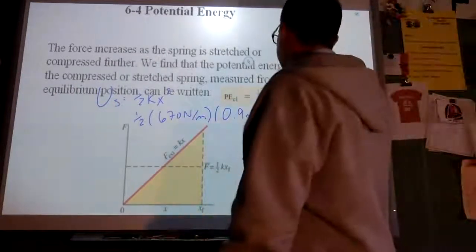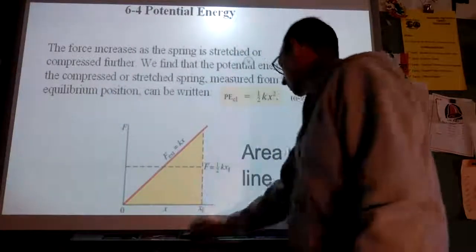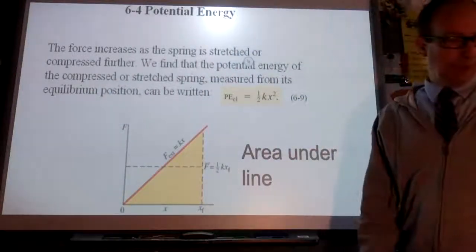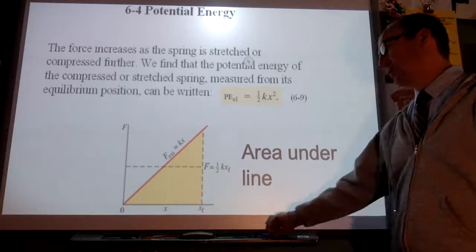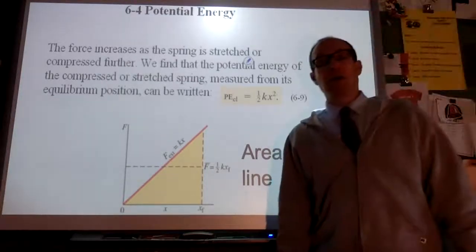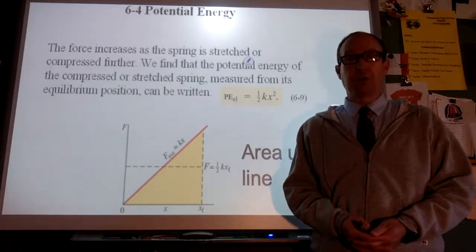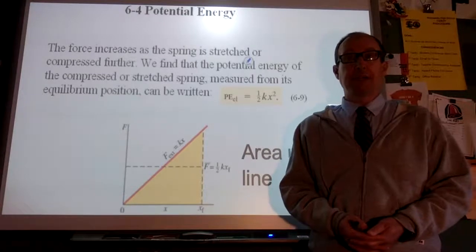All right, so in these problems, if you remember, we talked about force distance graphs, and we said that the area under the curve was the work. Well, work is also the change in energy.